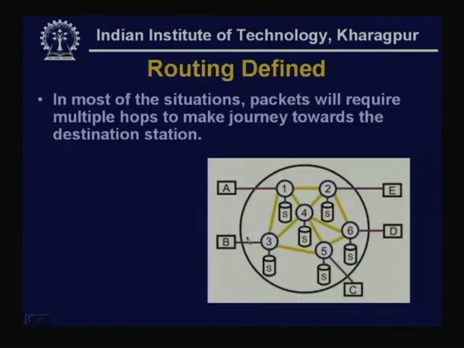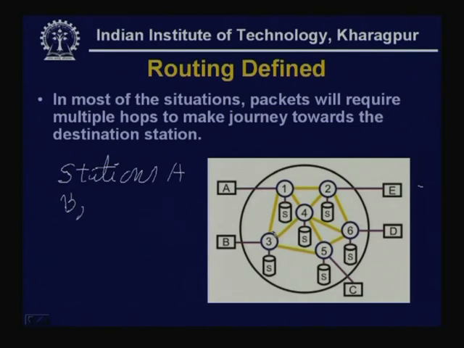So, first let us focus on what is routing and why it is needed. Here a typical schematic diagram of a switched communication network is given. Here, as you know, we have a number of stations A, B, etc., and a number of nodes.